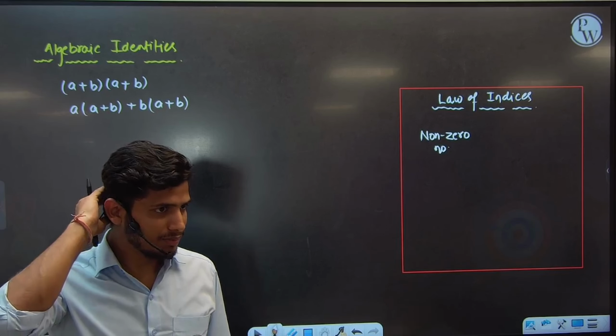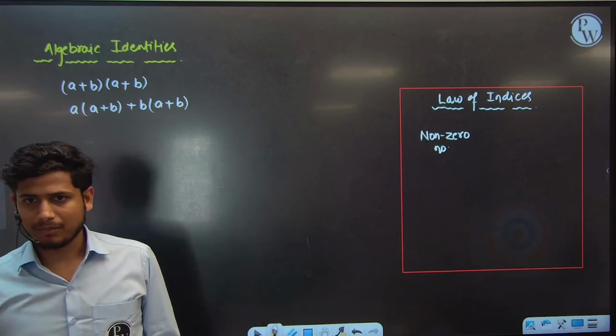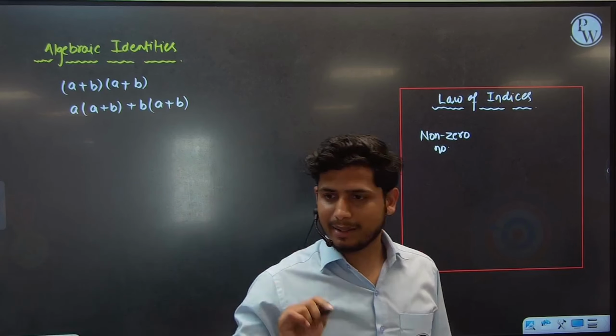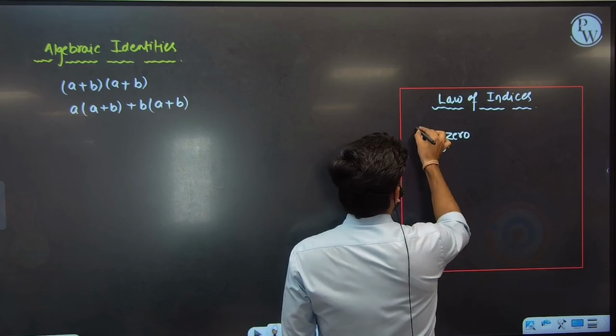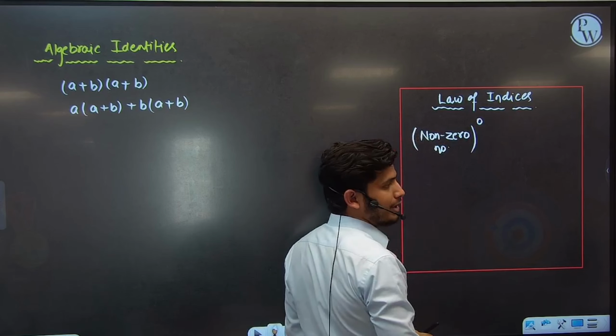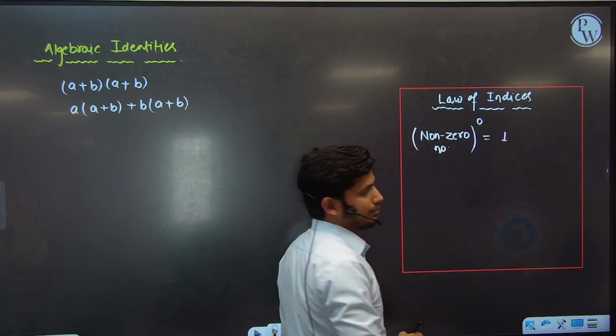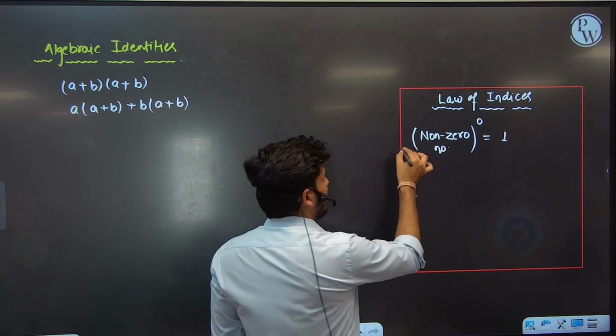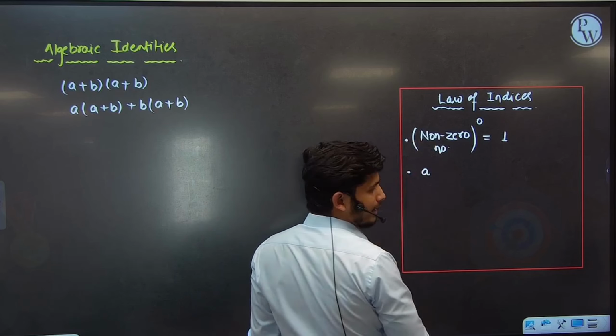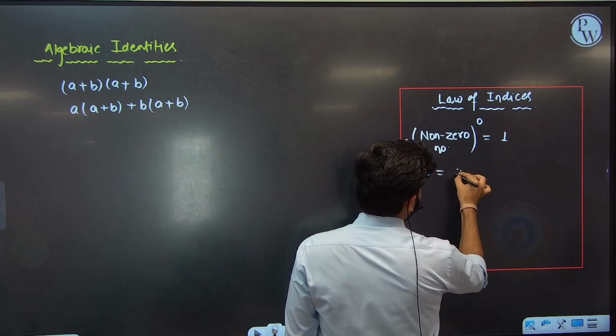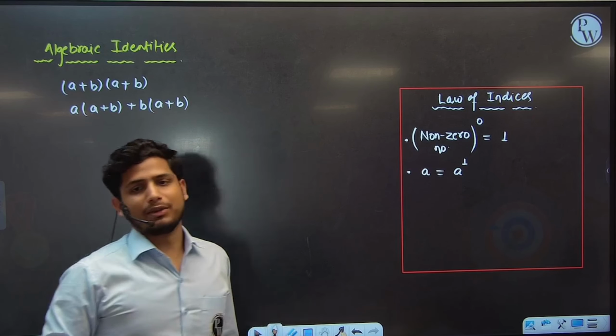Any real number except zero is a non-zero number. So a non-zero number to the power 0 is equal to 1. Always 1. Now here a single number has a power of 1.